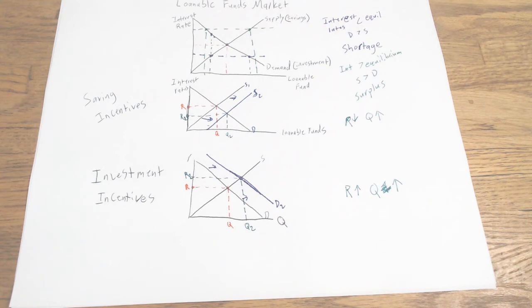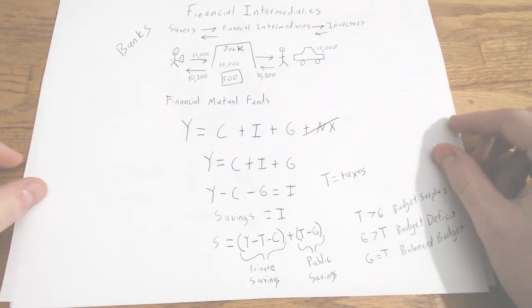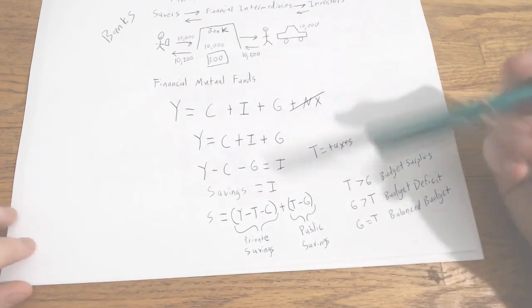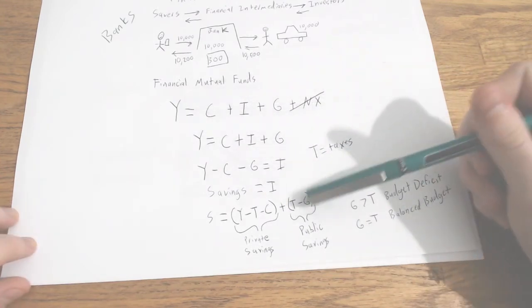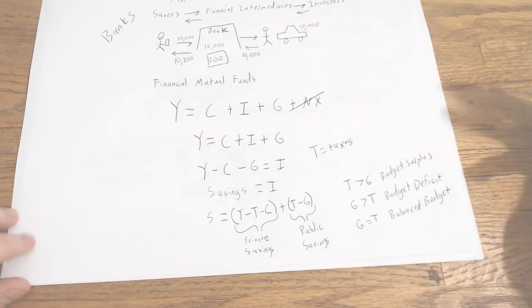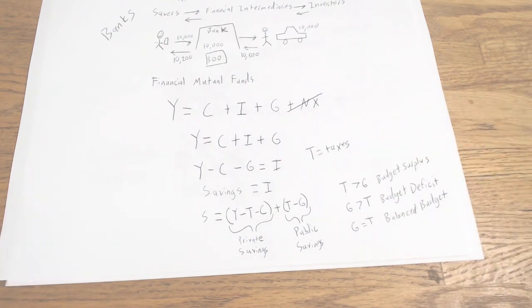Let's look at what happens when the government runs a budget deficit. So let's pull up this piece of paper. I said a budget deficit was when government spending was greater than the taxes or the government revenue.